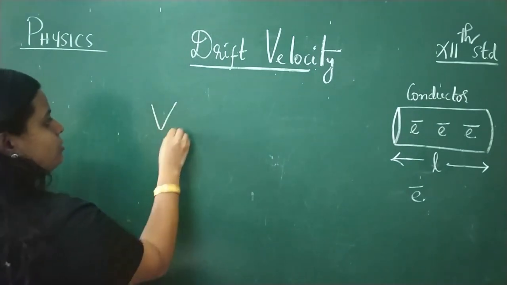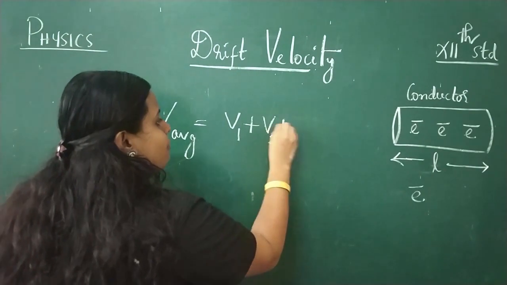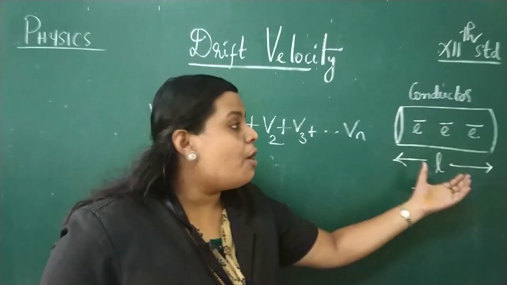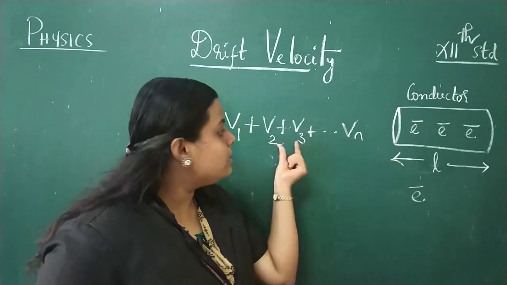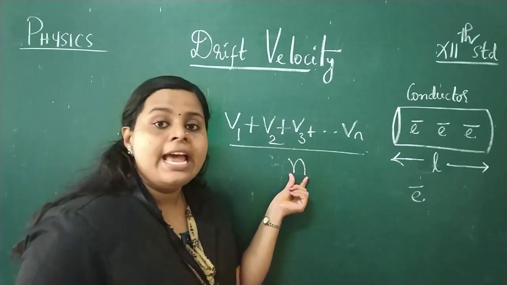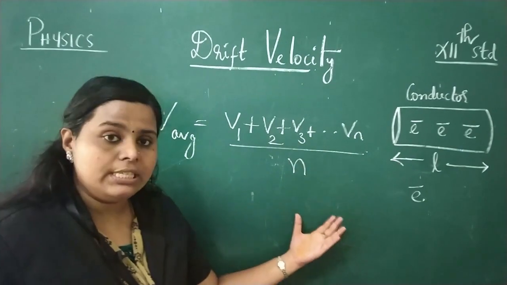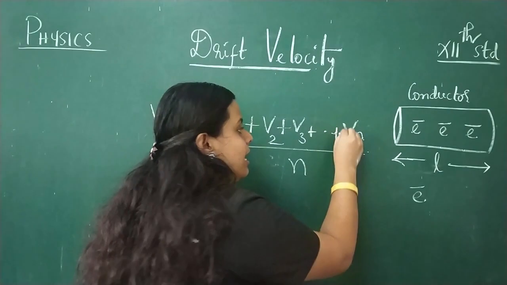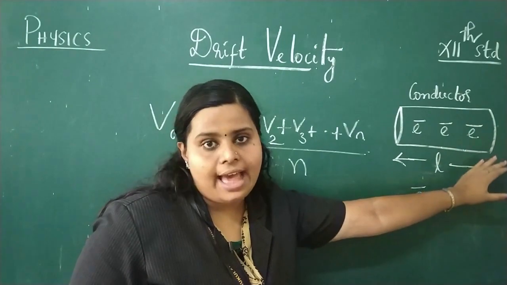That is, the average velocity V average can be written as V1 plus V2 plus V3 plus etc. plus Vn, suppose this conductor consists of n number of charges, divided by the number of charge carriers, that is small letter n. So before applying the electric field, the average velocity is equal to V1 plus V2 plus V3 plus etc. plus Vn divided by n, where n is the number of charge carriers.